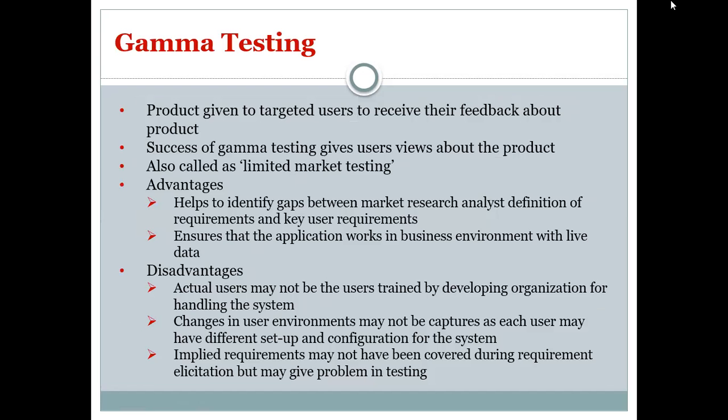So what is gamma testing? The product is given to the targeted user to receive their feedback about the product. So you are actually giving your product to your customers, the end users. The success of gamma testing gives the users' view about the product.